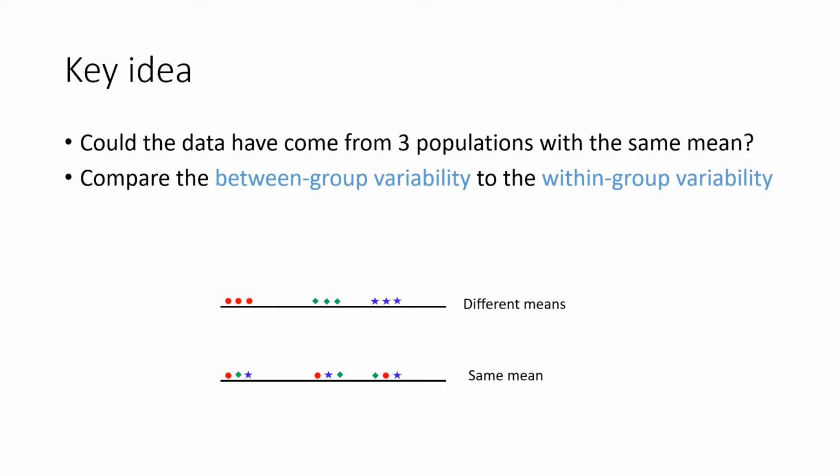In contrast, the picture on the bottom shows groups that could plausibly have the same mean. And we can see that because the amount of variability or spread between the red circles, the green diamonds, and the blue stars is similar to the amount of variability between any 2 shapes of the same type.